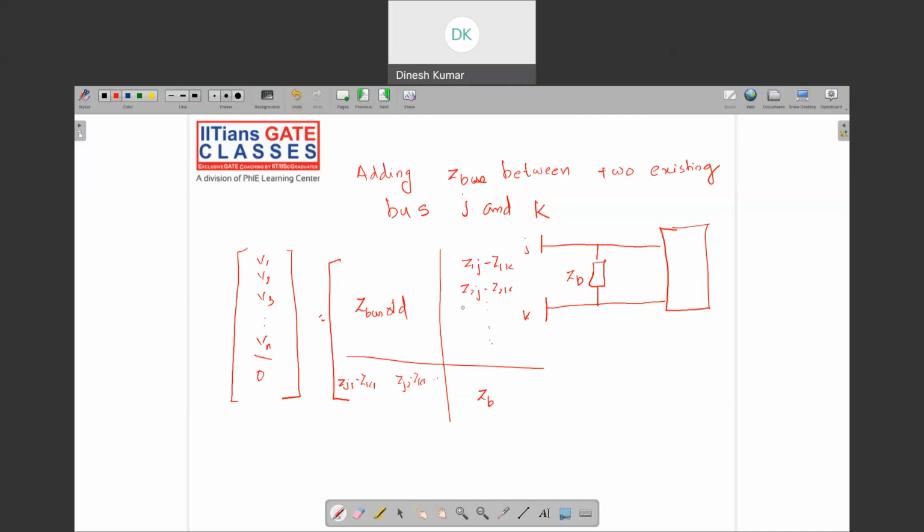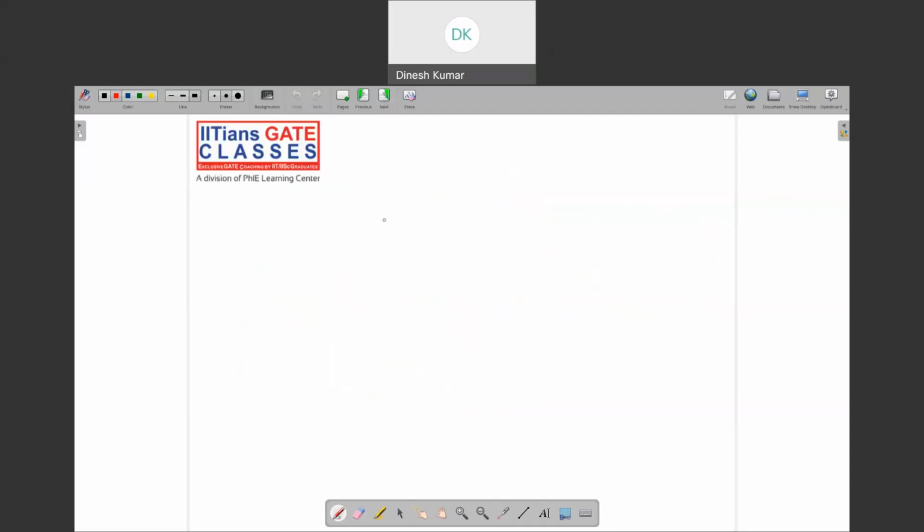Somewhere it will be like this: ZJJ minus ZJK, then ZNJ minus ZNK. So like this we have to find it. I will show an example so that you will understand. A similar example, A, B, C, D.